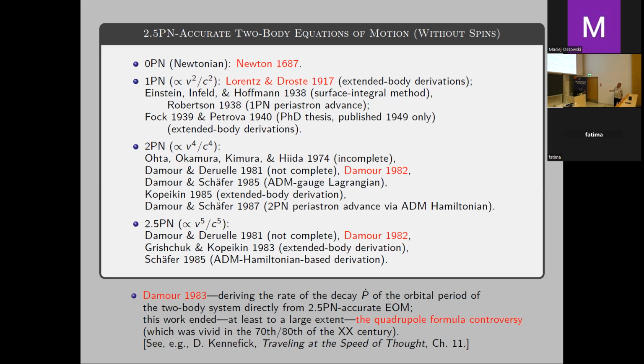And this derivation, in some sense, at least to a large extent, according to the Kinetic in this book, ended the so-called quadrupole formula controversy, which was quite vivid in the last century before you were born. Namely, many serious scientists doubted whether gravitational waves are real entities. For example, it was not clear that gravitational waves can transfer energy from the source to the observer, and so on and so forth.